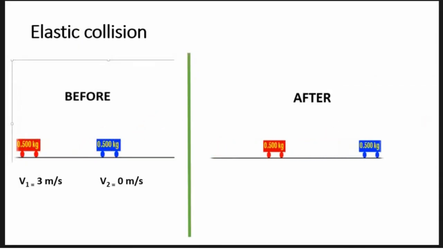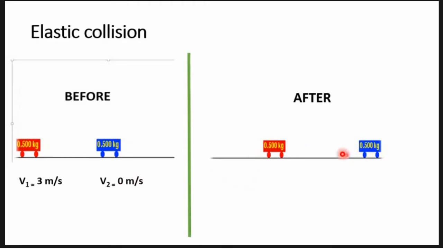So we have the first problem here. We have two cards, a red card and a blue card with the same mass, 0.500 kilogram. Before the collision, the red card has a velocity of 3 meters per second, while the blue card is at rest.